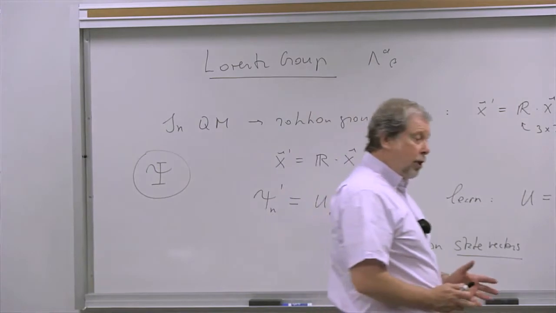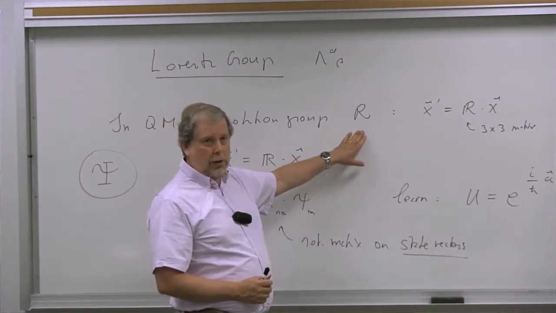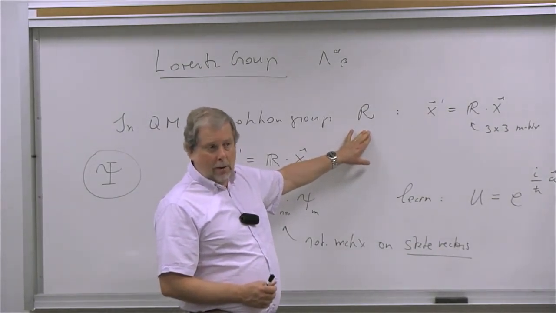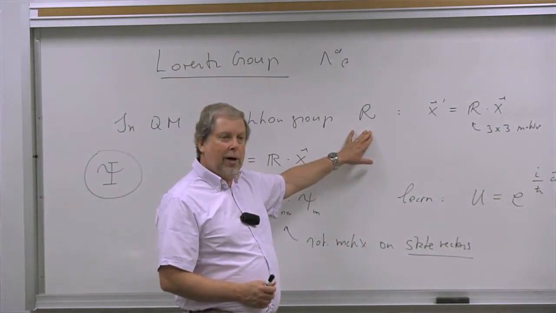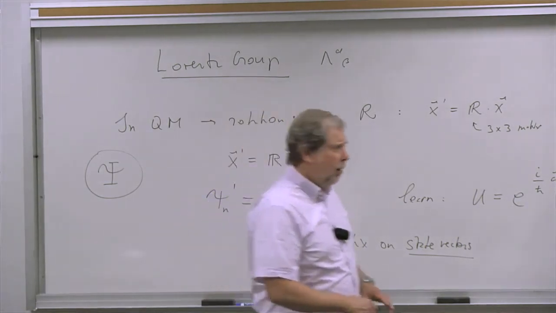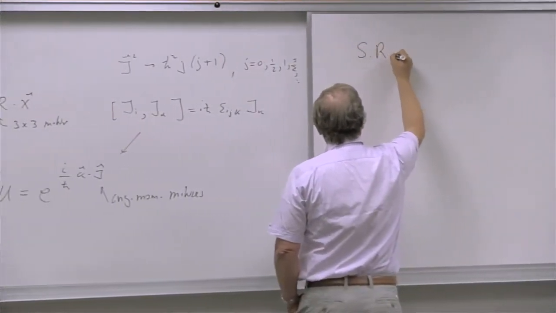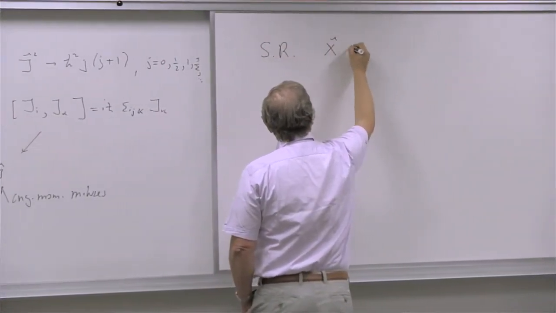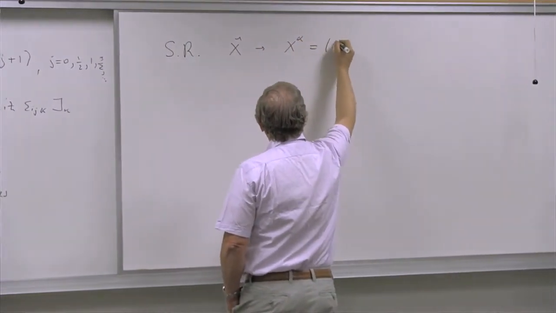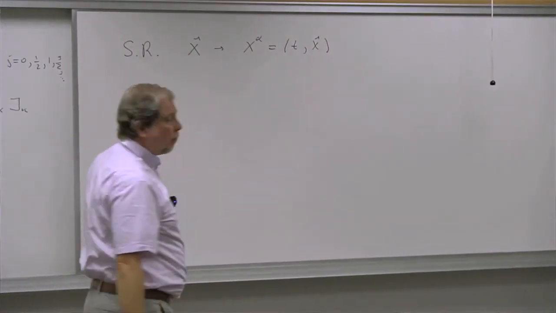Well, because the true description of the world is not in terms of rotations in three-dimensional space, right? The correct description after 1905 is in terms of more general rotations. So if you bring in special relativity, then x becomes x^alpha, which is t and x, right?